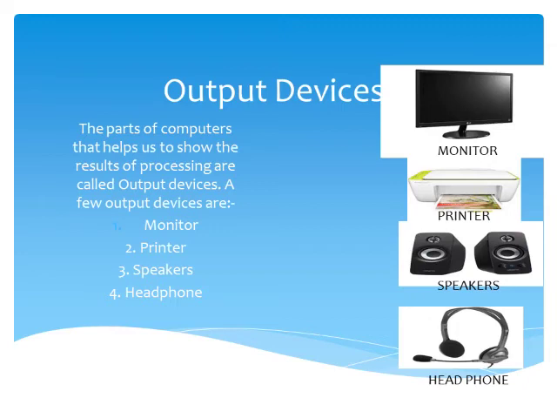The simple definition is that the parts of the computer that help us show the results of processing are called output devices. A few output devices are monitor, printer, speaker and headphones. These are a few output devices. You can clearly see them in our displays.